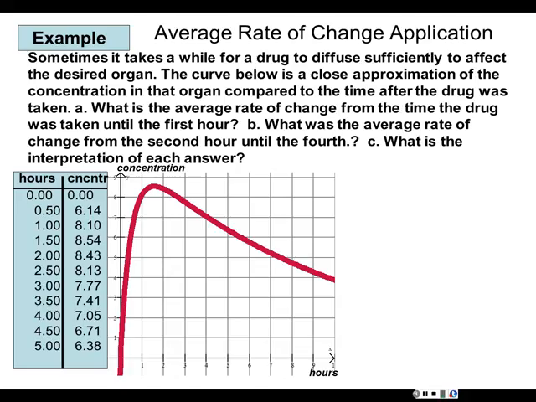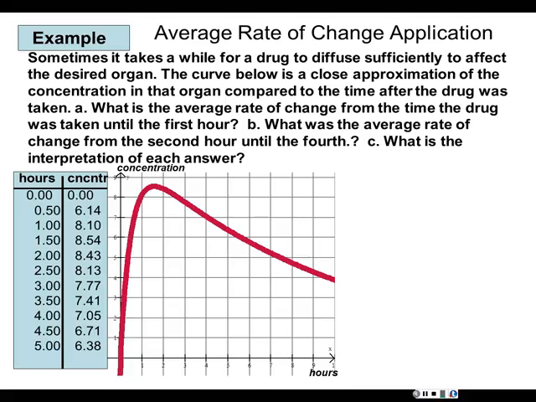So you will take this point here and the 4 hour point. Again, as I said, it will always be a different answer, because this is not a straight line, so based on which 2 points you are taking, your rate will be different.